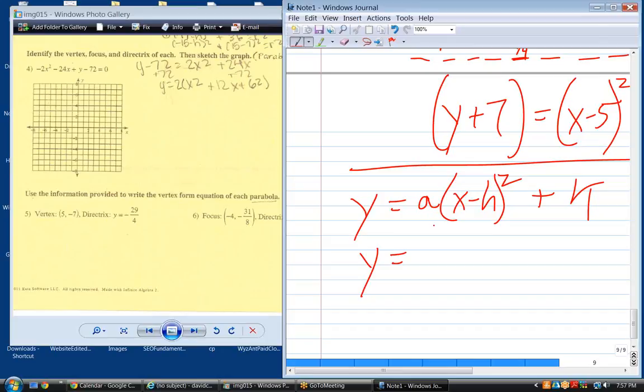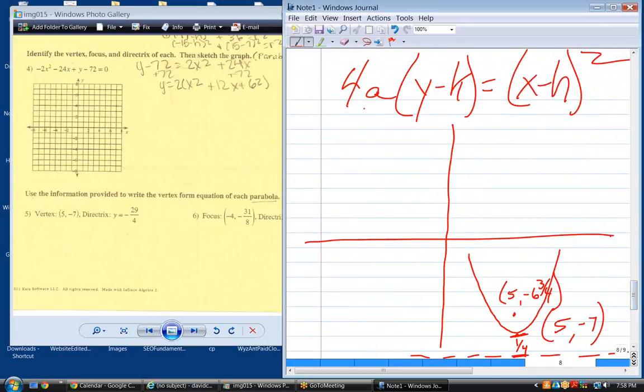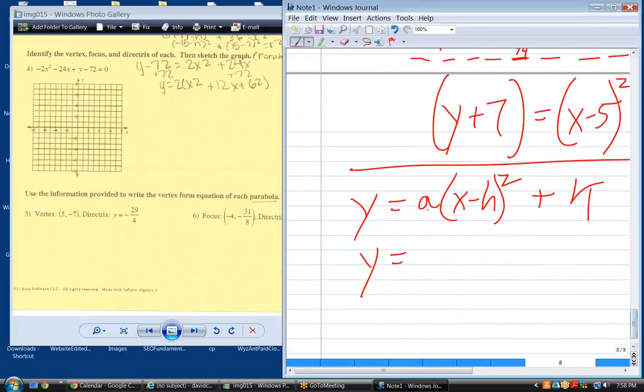This A is not the same as the other A. Most books don't use the letter A, they use P for the focus. And the beauty of using P is you don't get it confused with the vertex format. In other words, if I use P here instead of A, now when you put it in vertex format, you're not confused by this A over here.